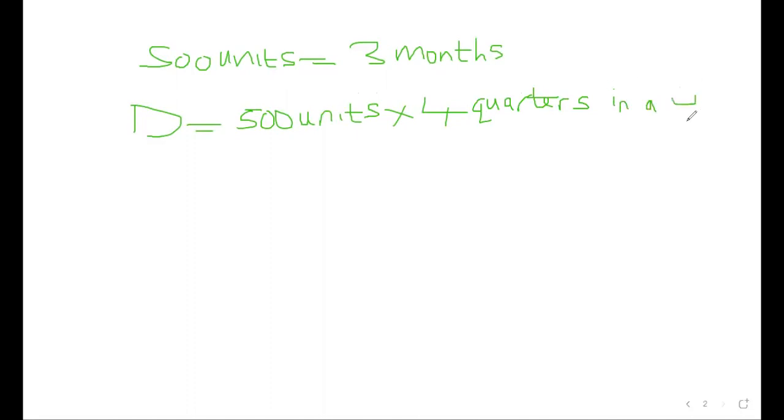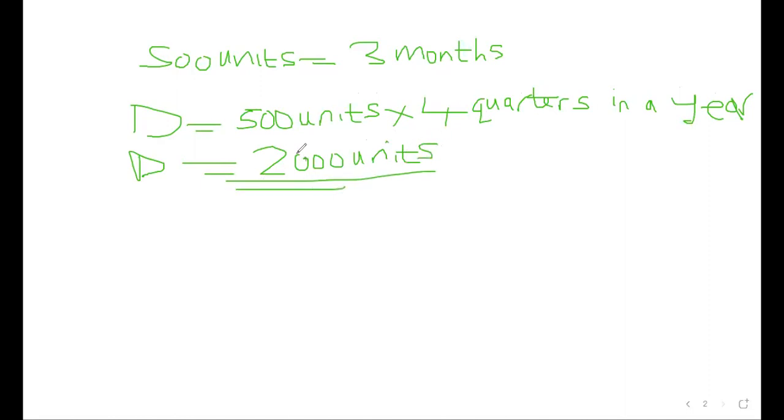So 4 quarters in a year. So our D is actually going to give us 2,000 units. So this is only our D.